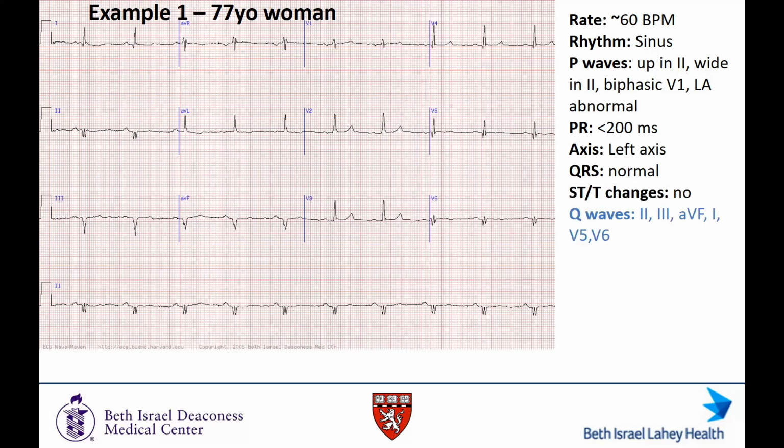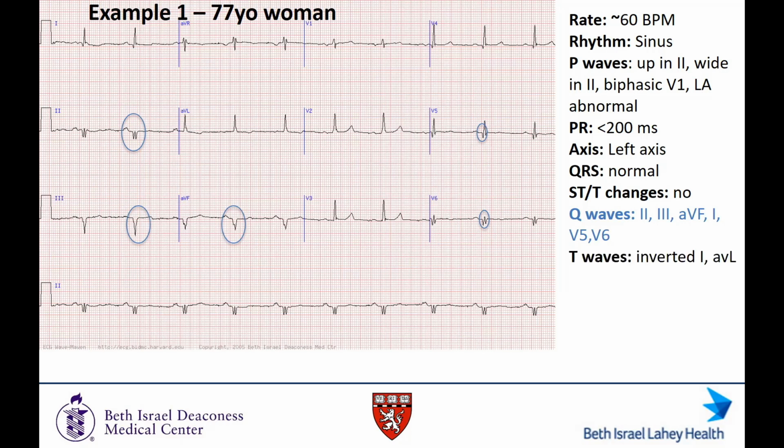No ST or T wave changes, but as I highlight here, we have what I mentioned as a QS wave in 3 and aVF. We have deep Q waves in 2. We also have, it's hard to measure from this distance, but in V5, V6, some pathologic Q waves.